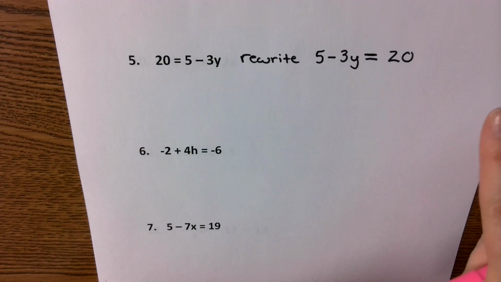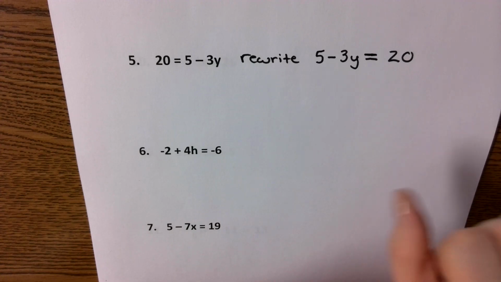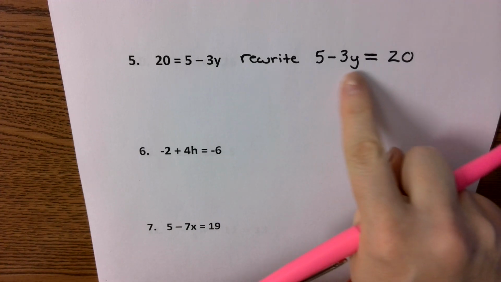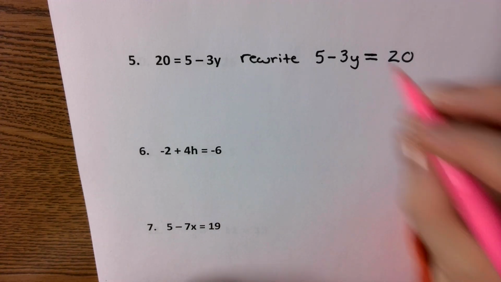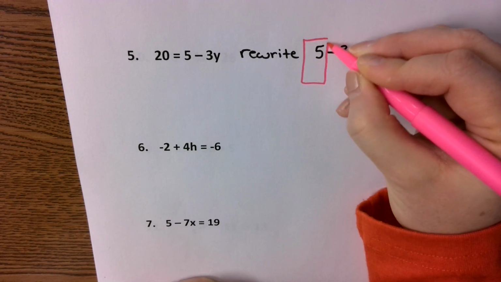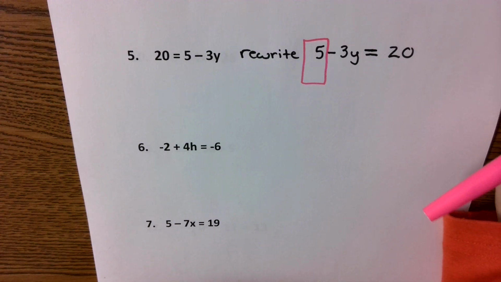So which one of those numbers up here is my constant? Brianna, which one of these is my constant? The 5. So that means I have to get rid of the 5 first. Now naturally, I think you guys are going to see subtraction and you're automatically going to say, I'm going to add. Right?